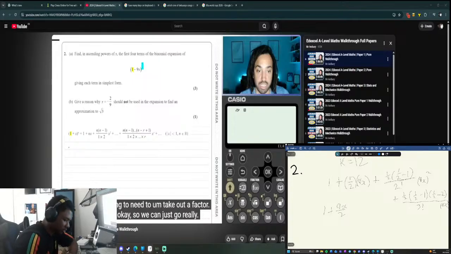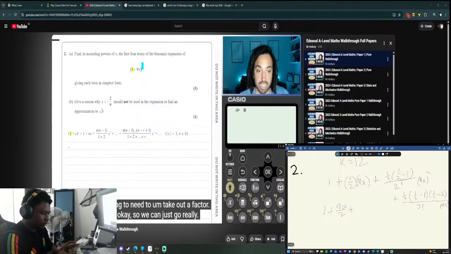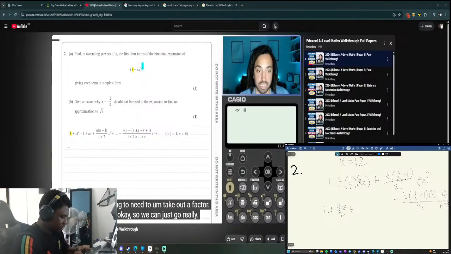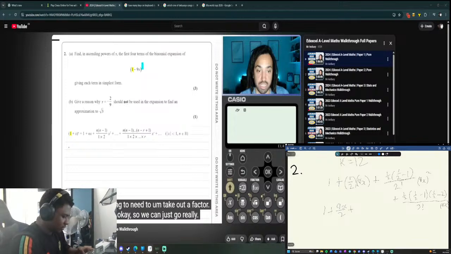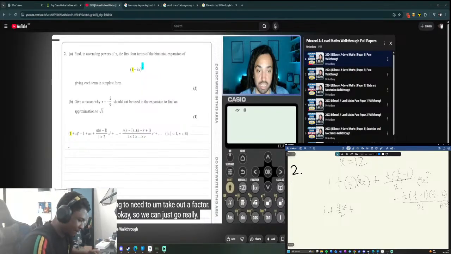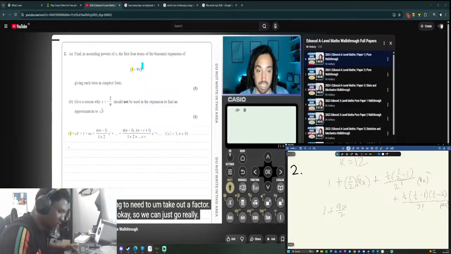The next one is going to be 0.5 times minus 0.5 over 2 factorial, times 81x squared, so this will be minus 81 over 8x squared.